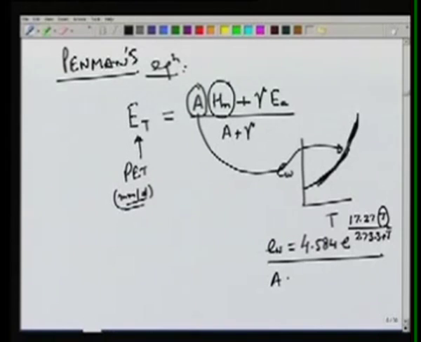So slope of this line A, which is d of EW by dT, can be found from this equation, or using the tables or the graph we can find the slope A.